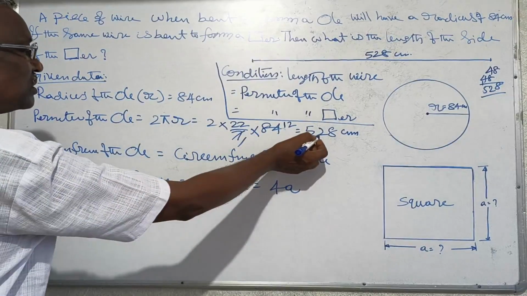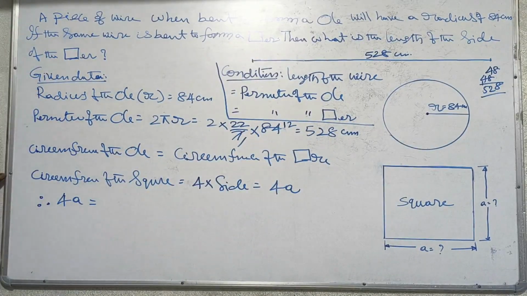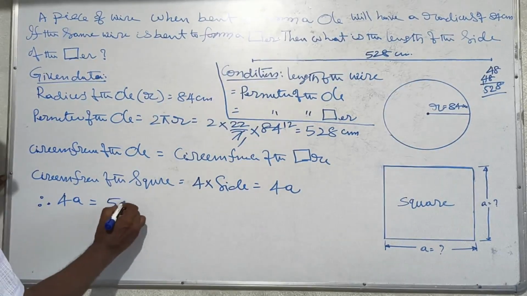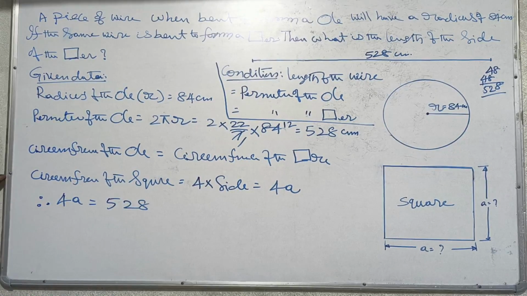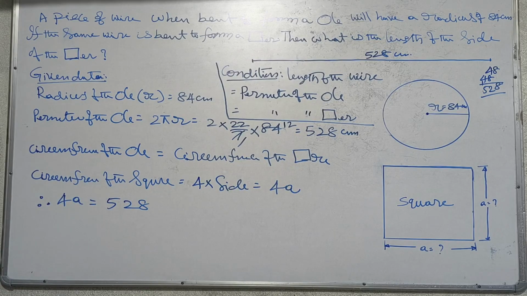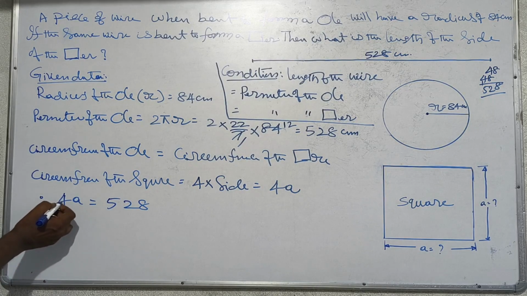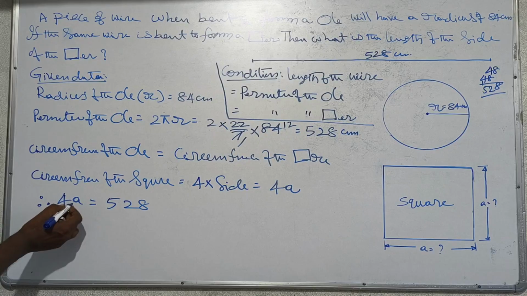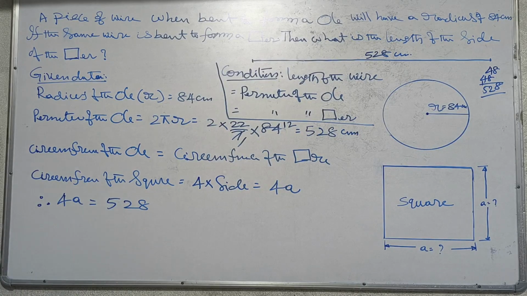What is the circumference of the circle? 528 centimeter. Then 4A is equal to 528. 4 here, 4 here, it is multiplying, we'll go to that side, division.